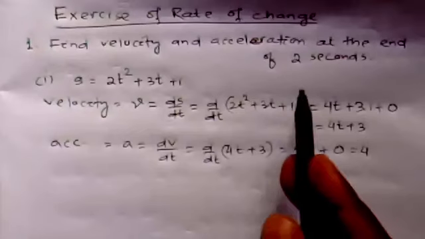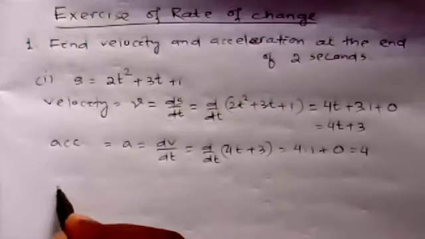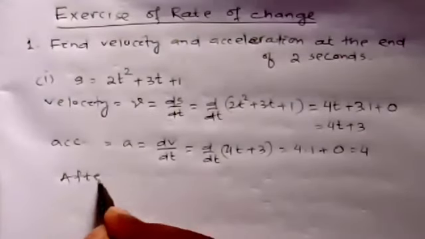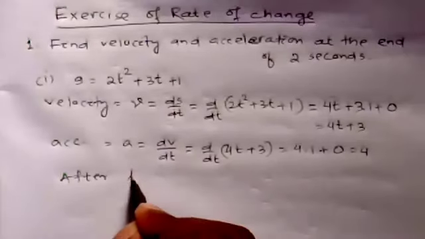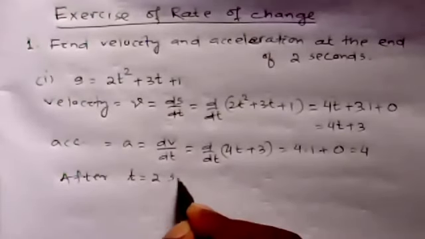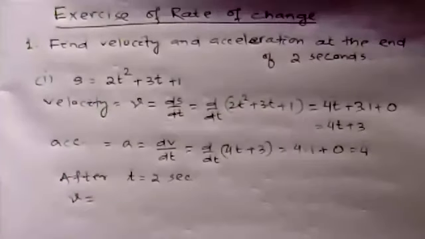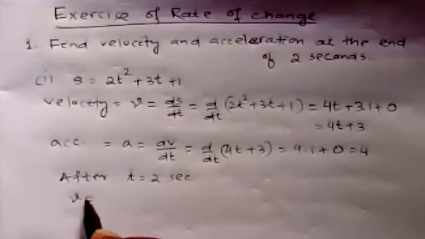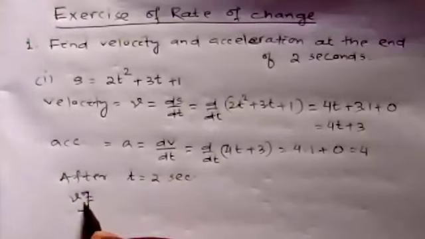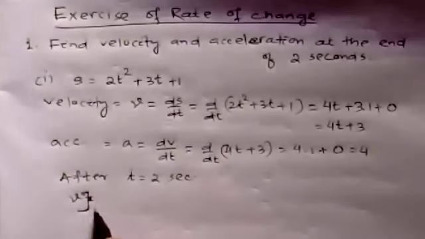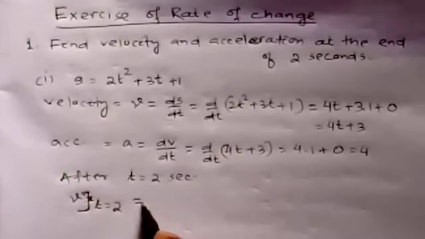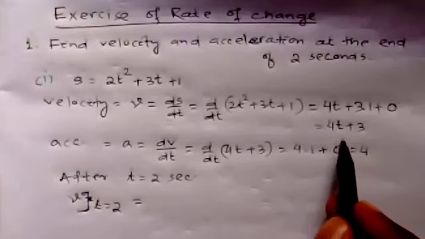That means t is given as 2 seconds. So at t is equal to 2 seconds, we have to find velocity at t is equal to 2. So velocity is 4t plus 3, put t is equal to 2.